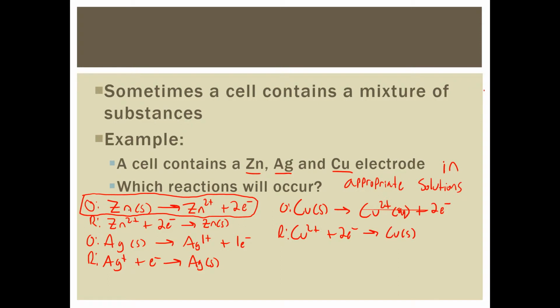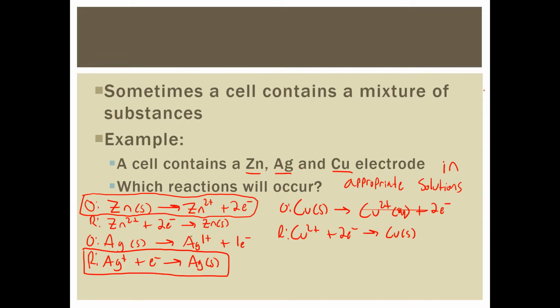The reduction reaction that will occur the most, I believe, will be this one, because the silver ion is a stronger oxidizing agent than the copper 2+ ion. So this will be the predominant reduction reaction.